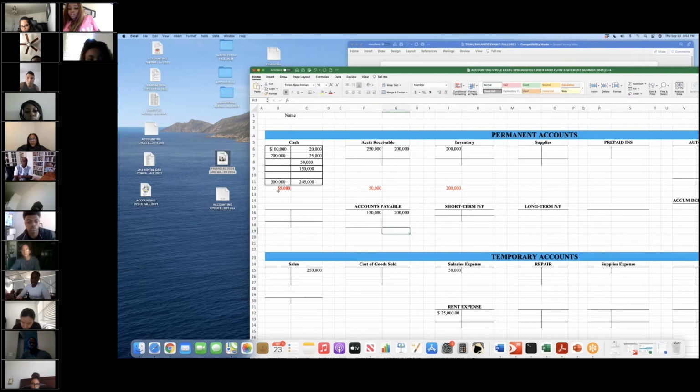We added the debits, we added the credits, we took the difference. Do you see that? I forgot the rent expense. Thank you, sir. What's going to be in accounts payable? 50,000 credit.